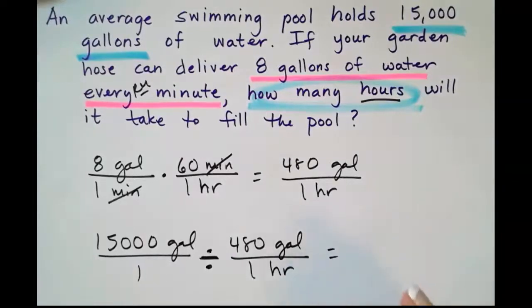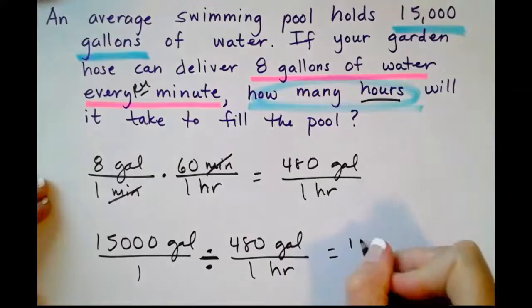So this is a good reminder that 15,000 gallons divided by 480 gallons per hour, when we're dividing by a fraction, even though it's just made up of units, we're still going to change division by a fraction to multiplication by the reciprocal.